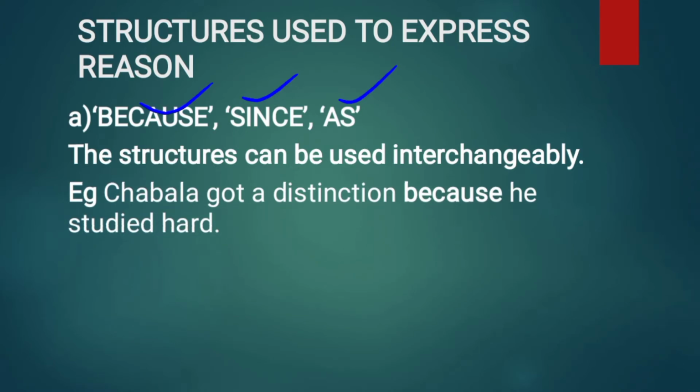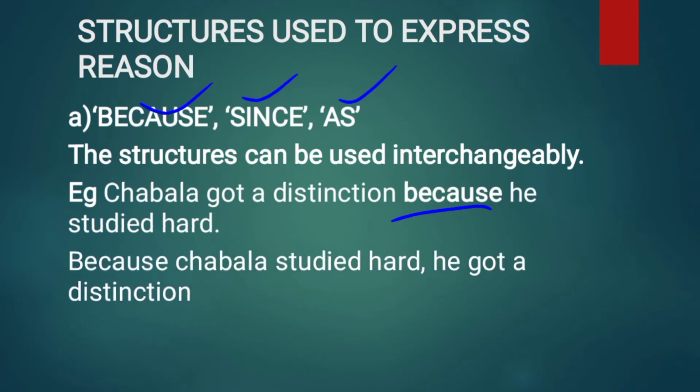Chavala got a distinction because he studied hard. Now, I want you to pay attention to this. Here we used because inside the sentence, but here we have used because to start the sentence. What happens? Before you connect to the second clause, make sure you put a comma, as you can see here.